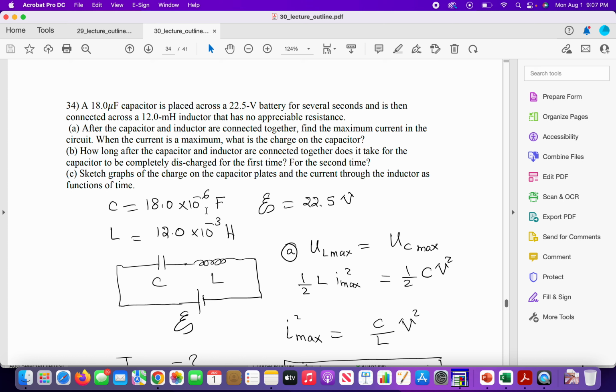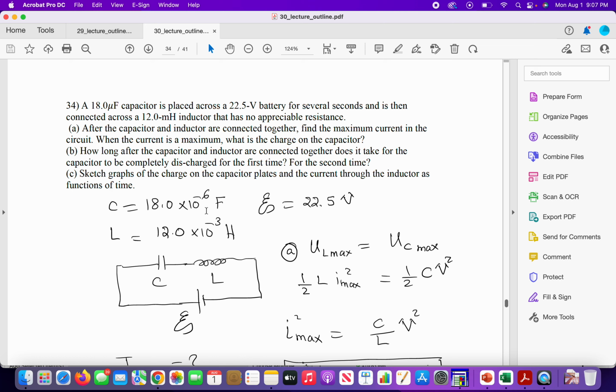When the current is a maximum, what is the charge on the capacitor? How long after they are connected does it take for the capacitor to be completely discharged for the first time, and for the second time? Sketch graphs of the charge on the capacitor plates and the current through the inductor as functions of time.